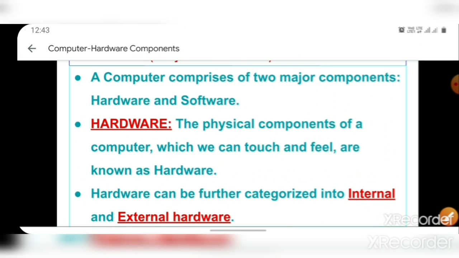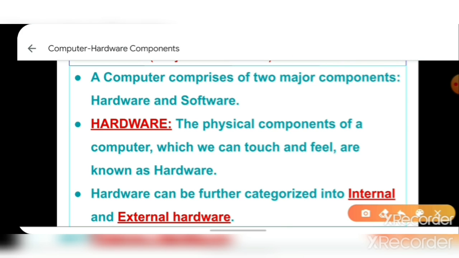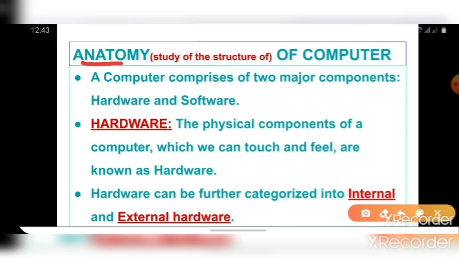Now, students, let's talk about the next topic, which is anatomy of a computer. What is the meaning of this word anatomy? Please note it down. Anatomy means study of the structure of something. Study of the structure of the human body is called anatomy of the human body.